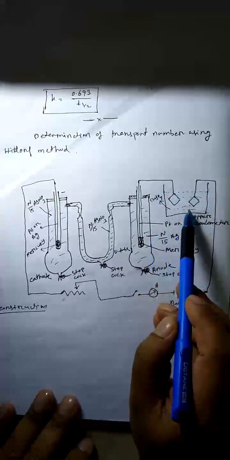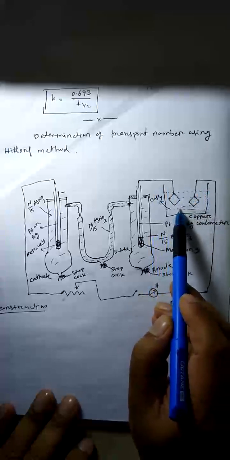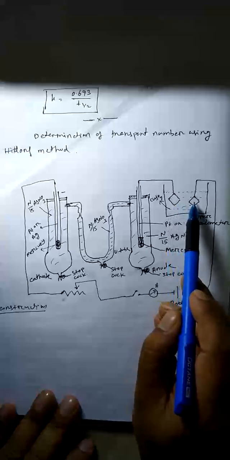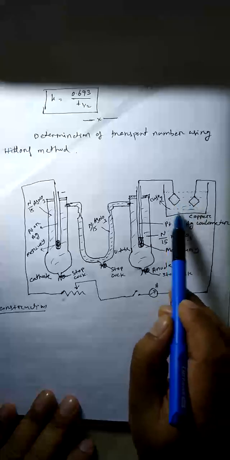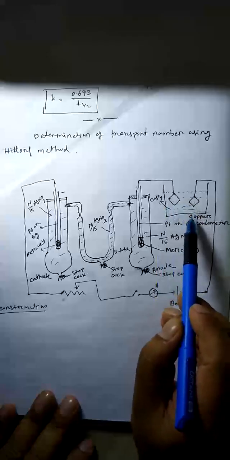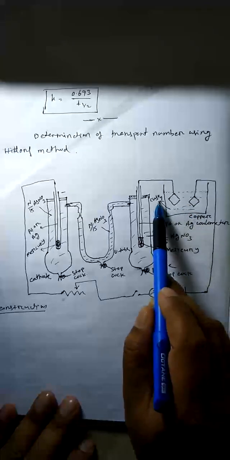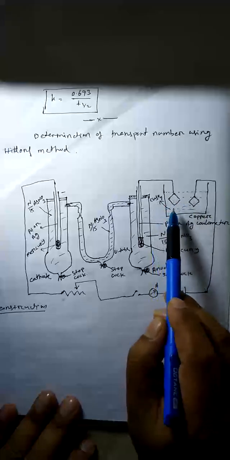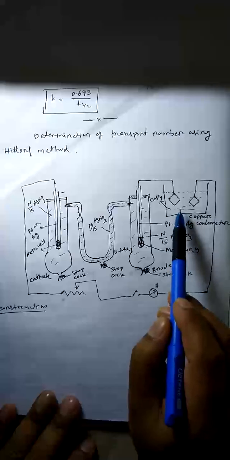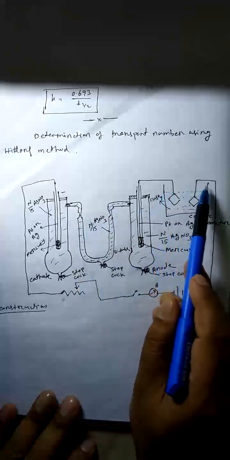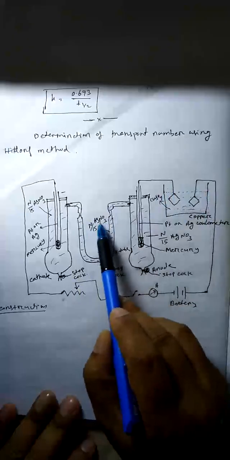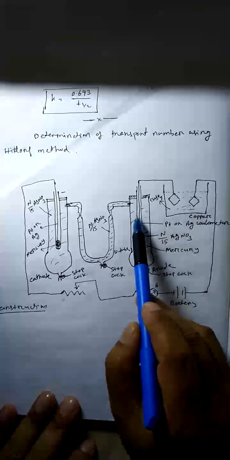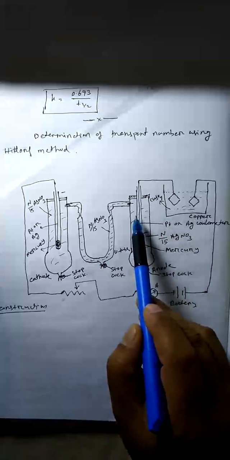If you take a silver coulometer, you have to take silver nitrate solution, and the anode and cathode are pure silver. In the copper coulometer, the solution contains copper sulfate, and the anode and cathode are both copper. An important point is that this coulometer is connected in series with this apparatus.